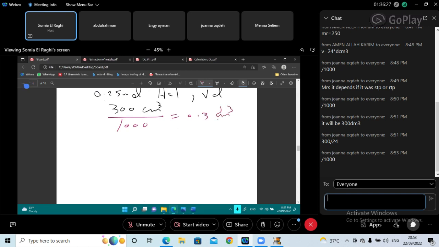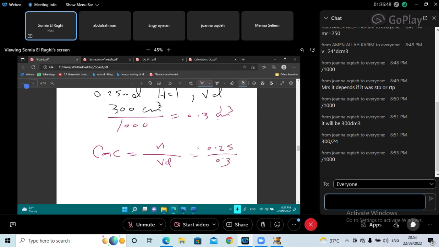Now we are on the safe side. The concentration equals n over volume. We have the number of moles already given: 0.25 over 0.3.